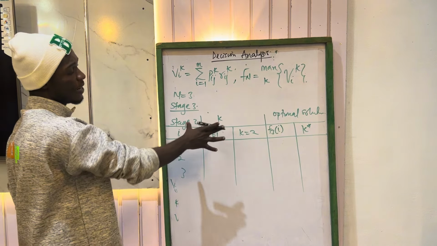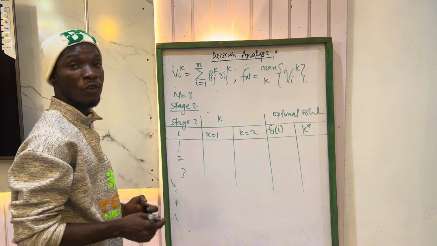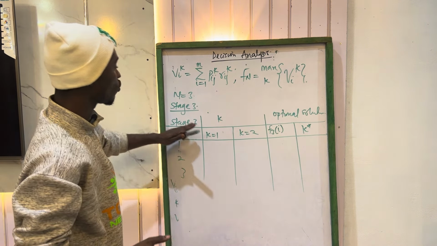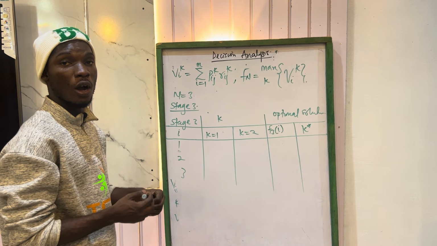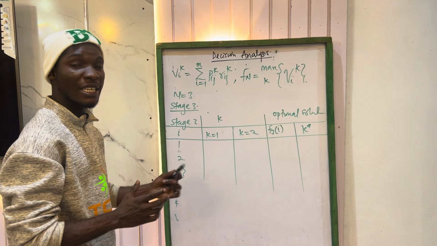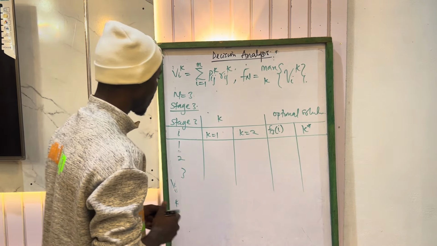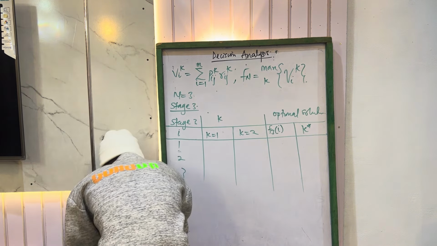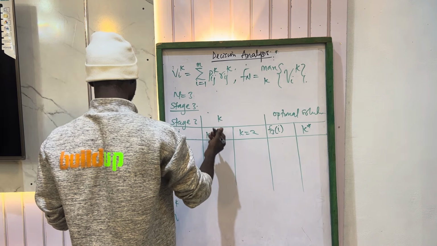Now I'm going to populate this table. So after you have determined your objective function at each state for K equals 1 and K equals 2, you have to draw this table. It's on this table you're going to determine your optimal value, that is, at what state it is to apply fertilizer or not to apply fertilizer. So when K equals 1, let me populate this. For V11, what do you have?